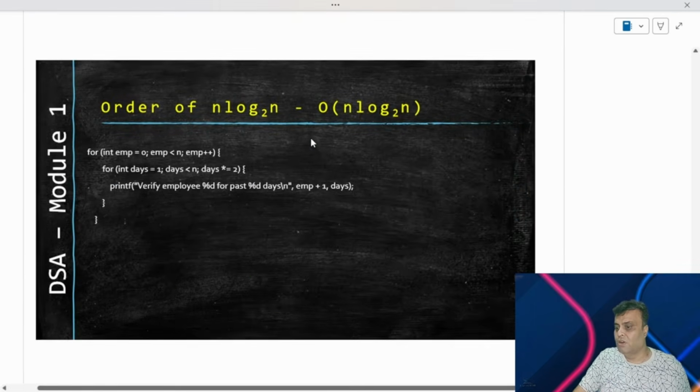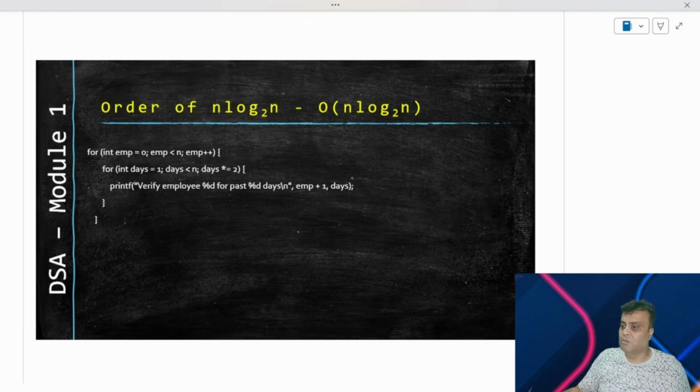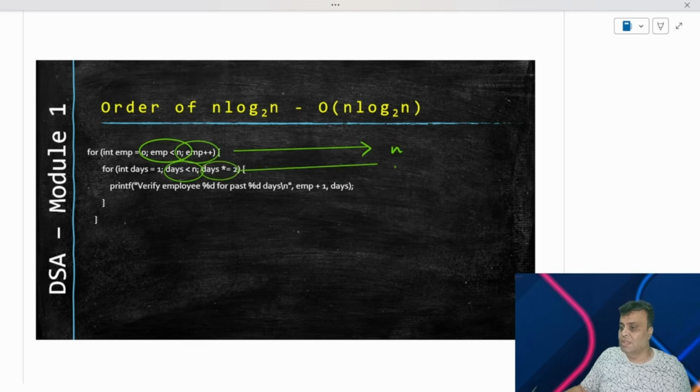Now if we go on for one more logarithmic problem, I think this is the last logarithmic class problem. This particular line is going to go on till n with a linear increment. We know this takes an order of n. This goes on till n, and this takes day star equal to 2. Before we go there, let us do this.